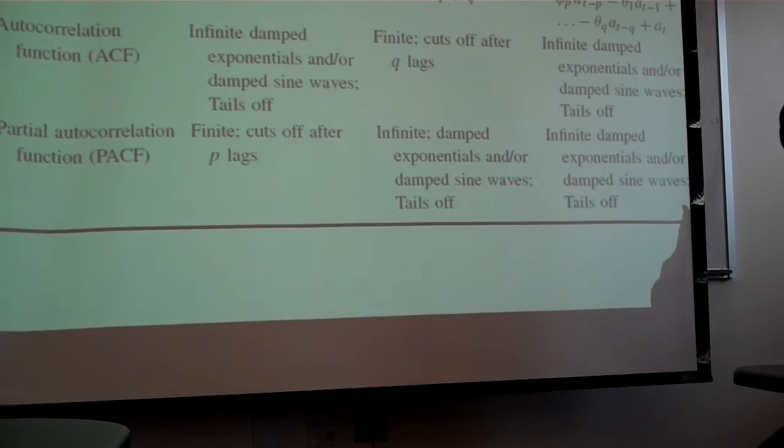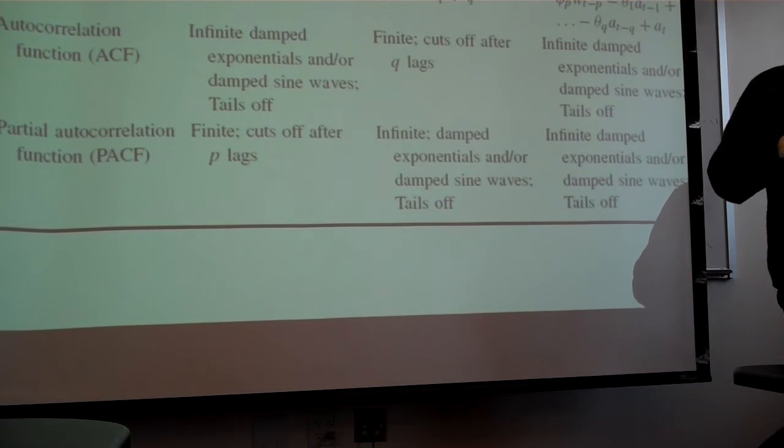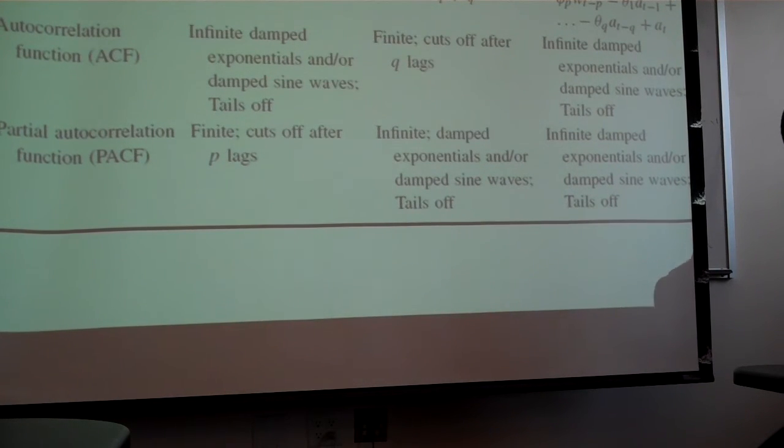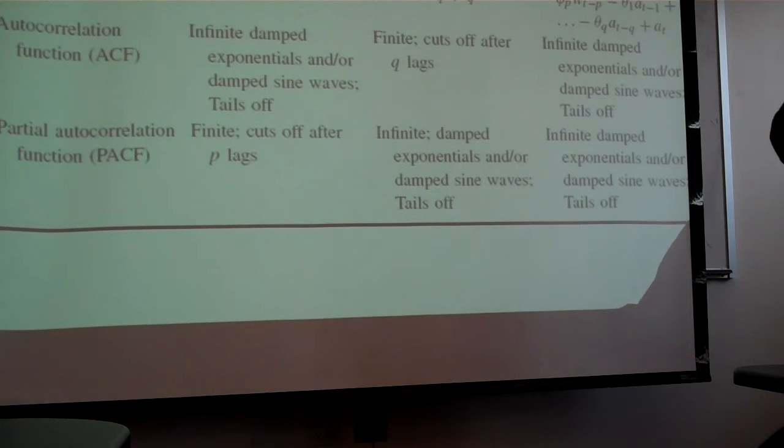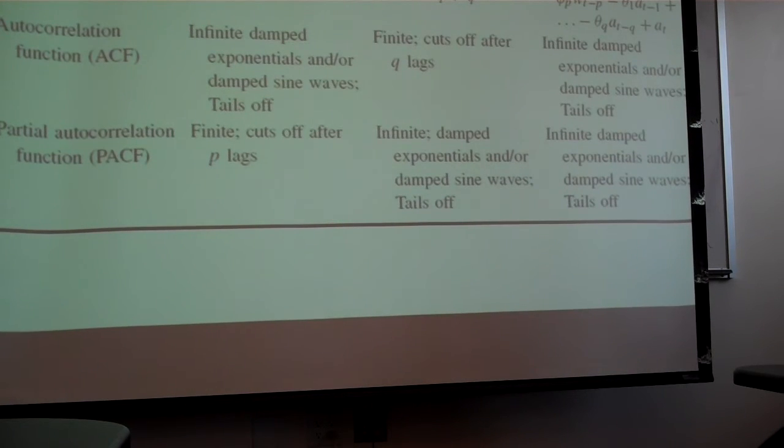So there's different combinations of P's and Q's that are not exactly the same process, but are similar enough that over a finite time series, they seem to fit somewhat similar.